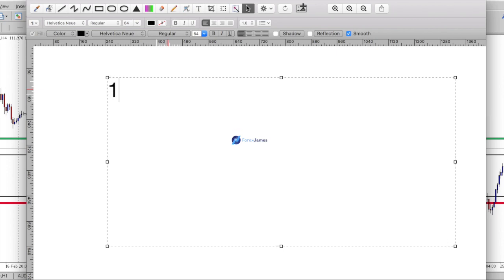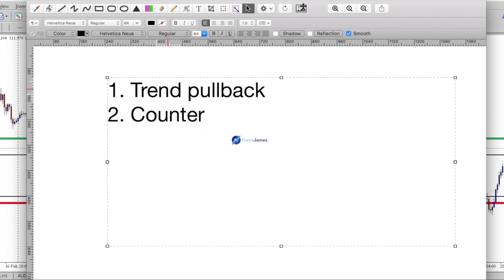Okay guys, so to recap, number one is the pullback trade, which is when you will want to enter on a retracement. Number 2 is a counter trend trade, which is trading against the trend. Number 3 is a range trade.